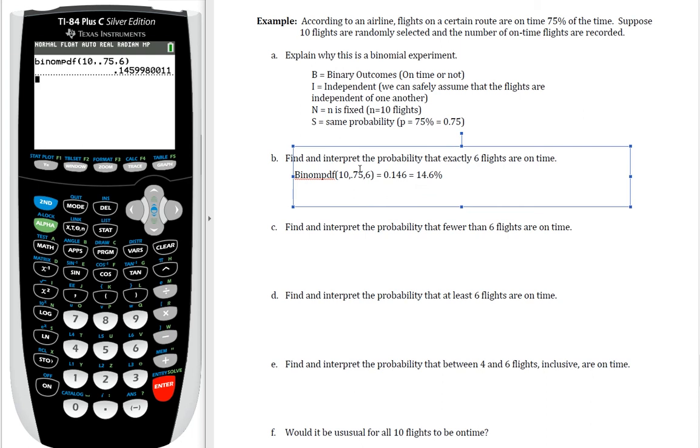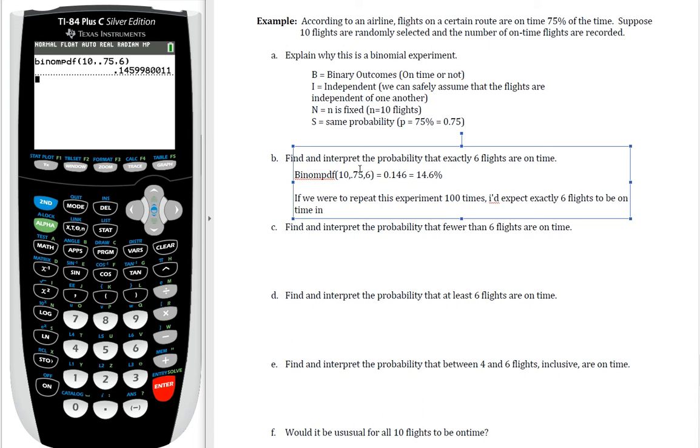I'm going to say something along the lines of, if we were to repeat this experiment 100 times, this experiment being taking 10 flights and finding the likelihood of 6 of them being on time, I'd expect exactly 6 flights to be on time in about 15 of those repetitions.